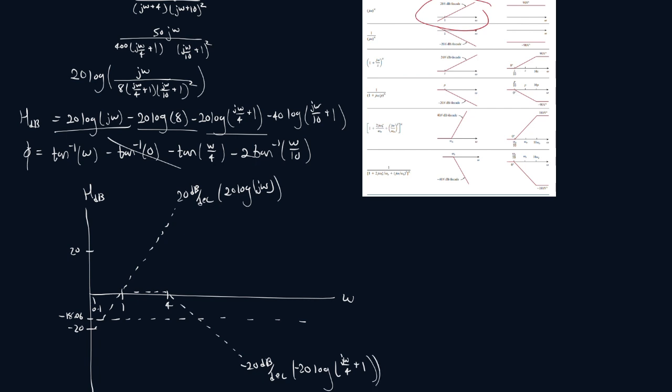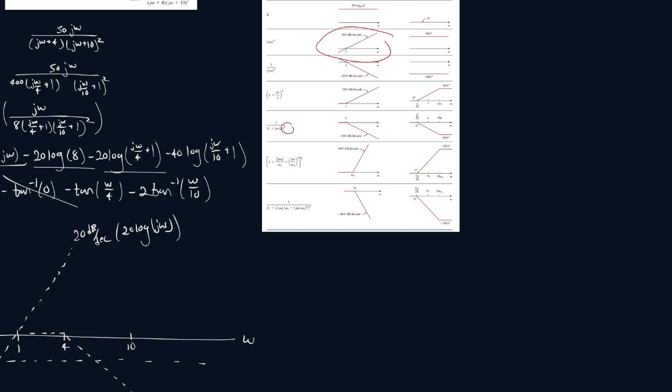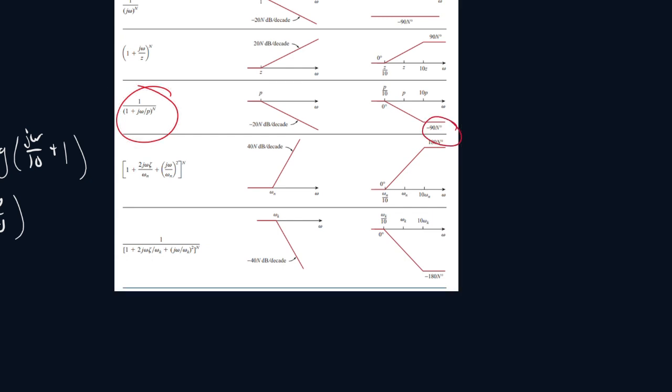And then at 10, it's going to have a slope of minus 40, because if you look here, we're working with this one. The slope will be minus 20 times the power.